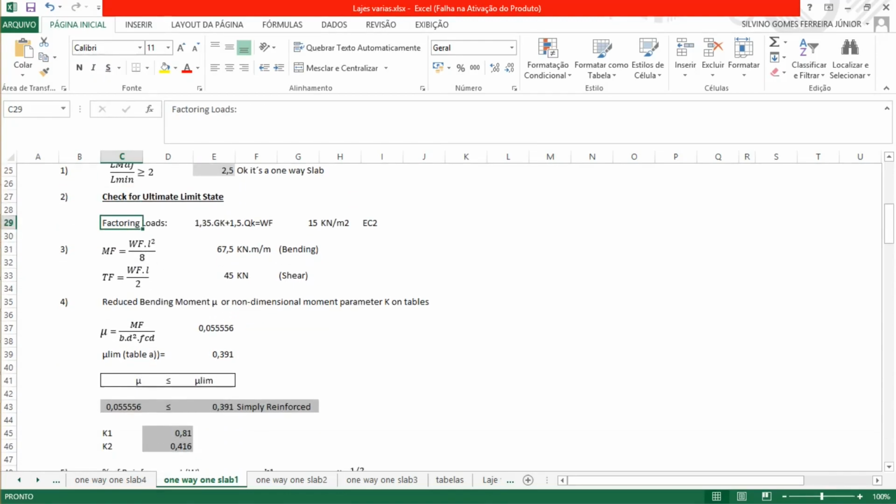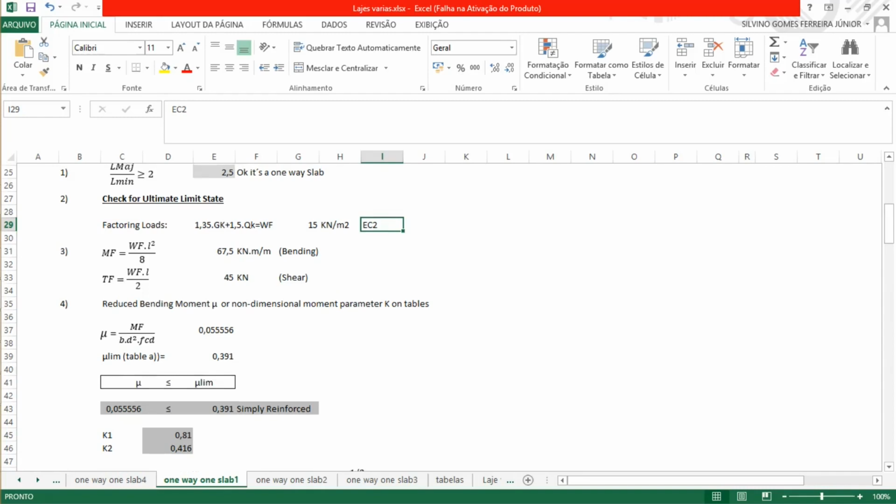And we start by factoring the loads. That is the permanent loads multiplied by 1.35 plus 1.5 multiplied by the variable loads in the Eurocode.